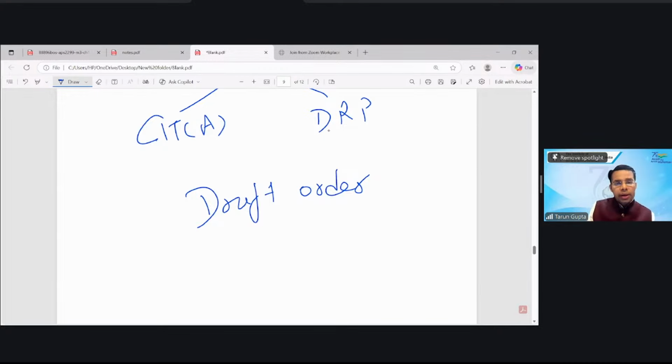Against the draft order, the assessee can either accept the variation or go to the DRP route. Both of these have to be done within 30 days from the date of receipt of the draft order. If the assessee accepts the variation, then the AO shall pass the final order within 1 month from the end of the month in which he received the acceptance.